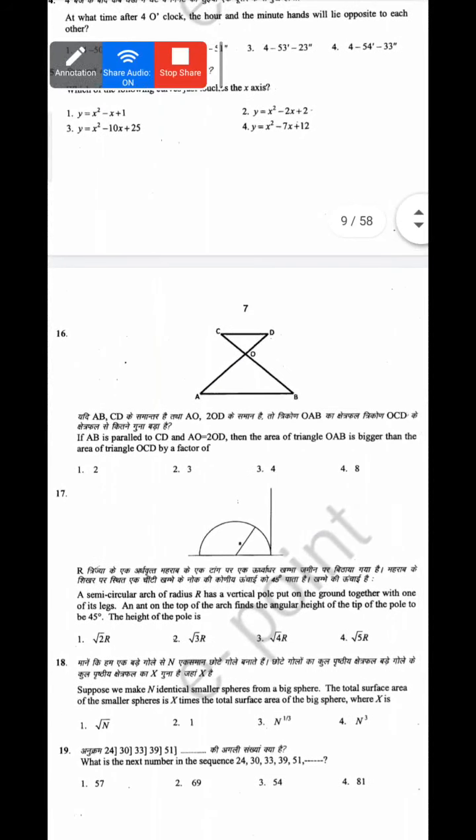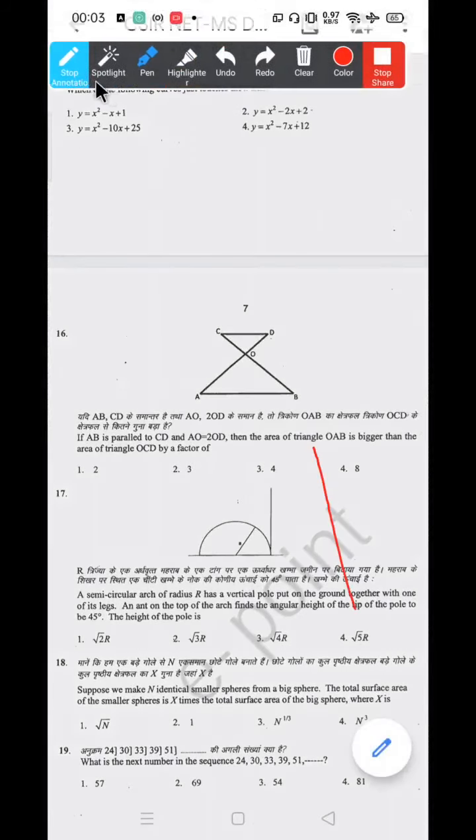If AB is parallel to CD and EO equal to 2OD, then the area of triangle OAB is bigger than the area of triangle OCD by what factor?